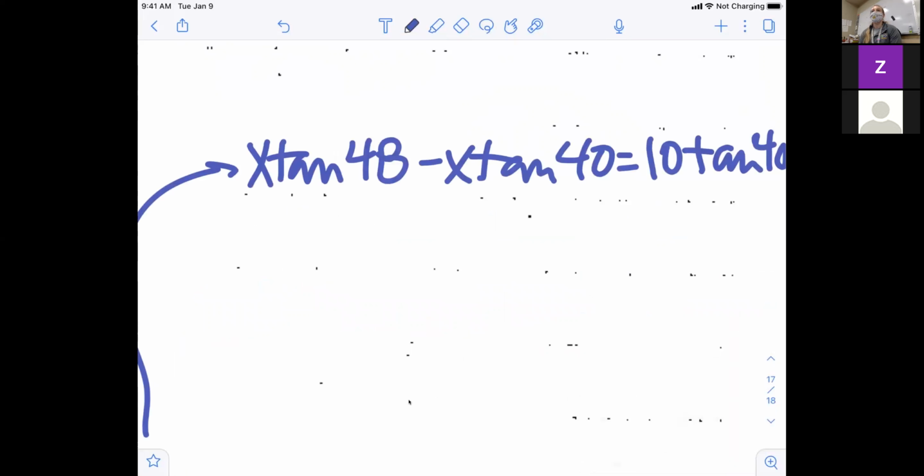We've got one more step, and then I'm going to want to use the calculator. Do you see I've got x in both of those terms, x tan 48 and x tan 40? If I factor out an x, what's left?